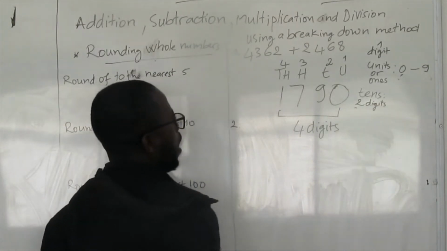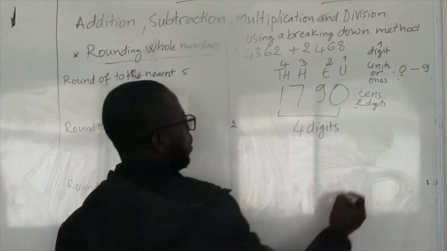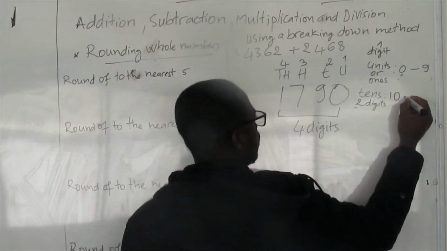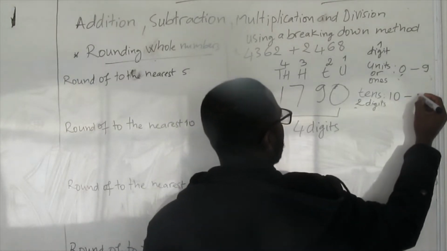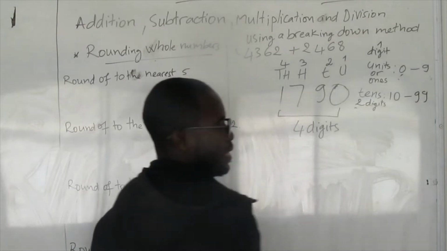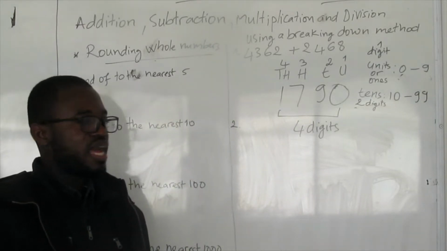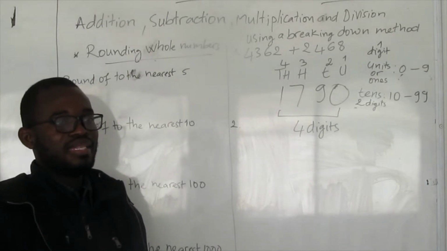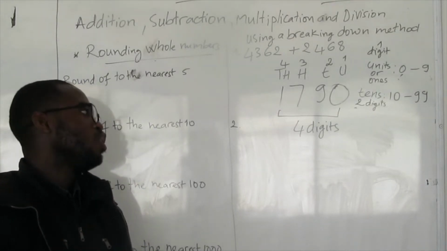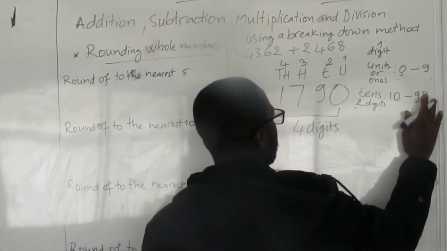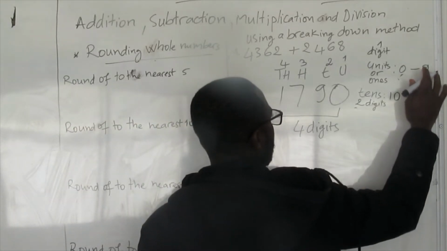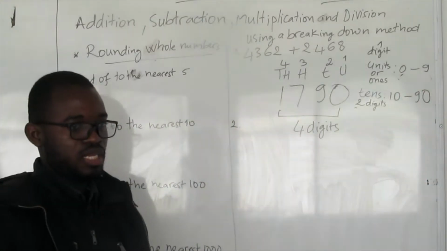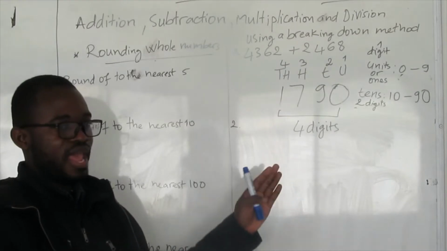The tens start from 10 to 99. You understand? I'm not going to say 99 because I'm going to use units also. Let me say 10 to 90. Those are tens.